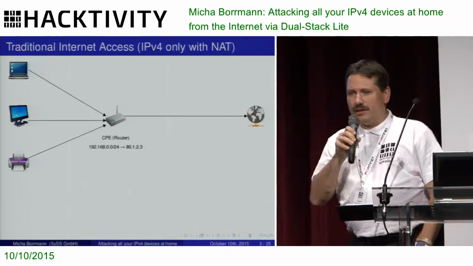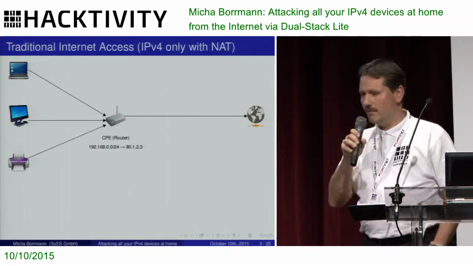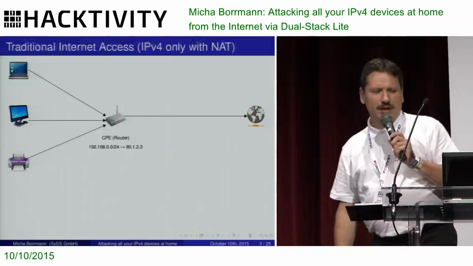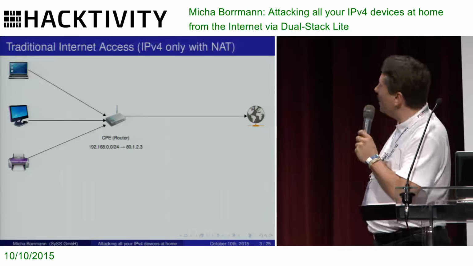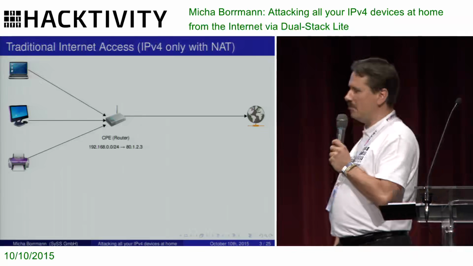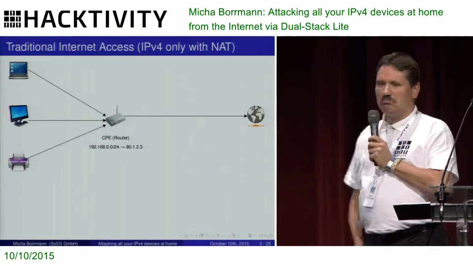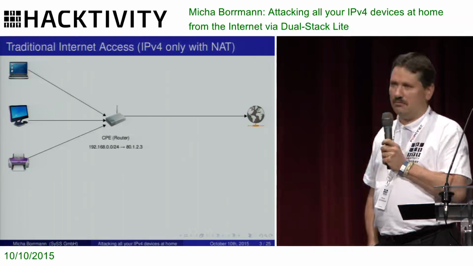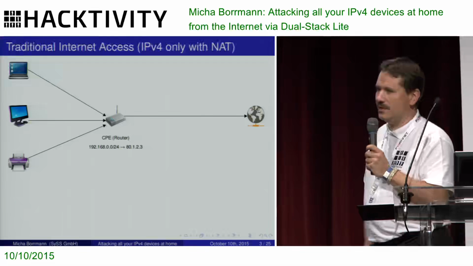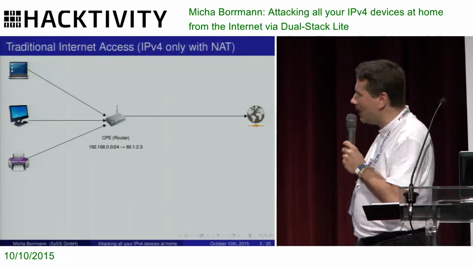We talk about internet access at home. The traditional internet access is you have a router at home and devices are connected to this router. It doesn't matter if it's with Ethernet cable, wireless or whatever.